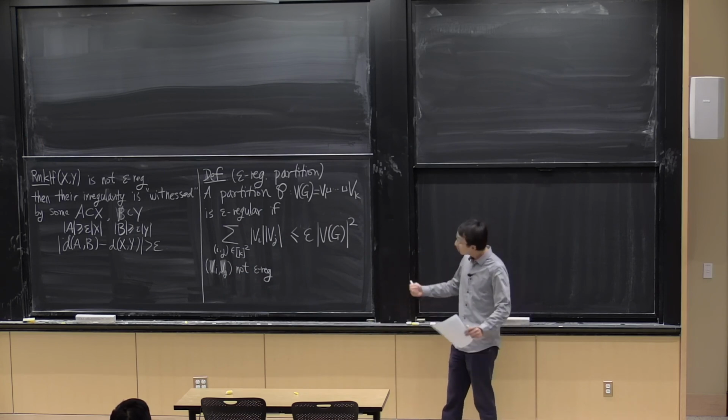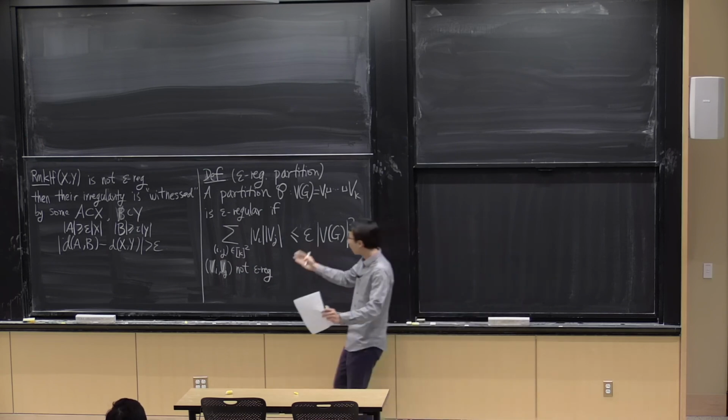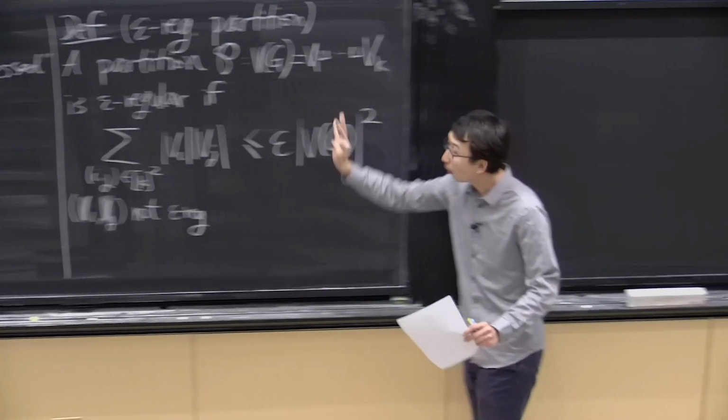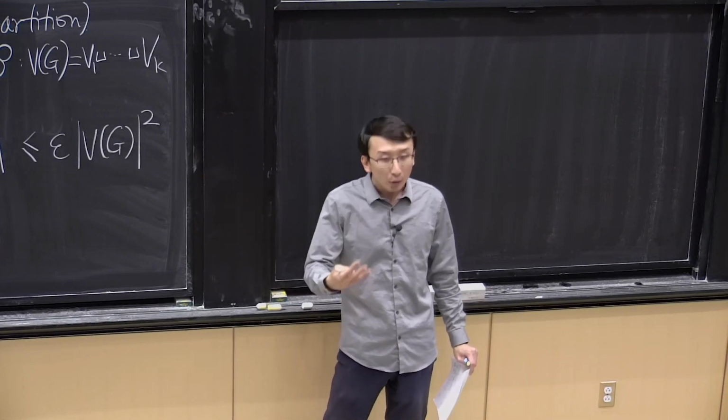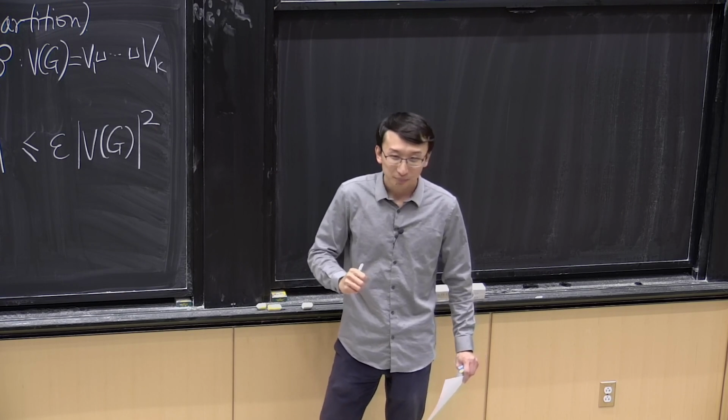So for instance, if all of your pairs are epsilon regular, then the partition is epsilon regular. But I do allow a small number of blemishes. And that will be necessary.